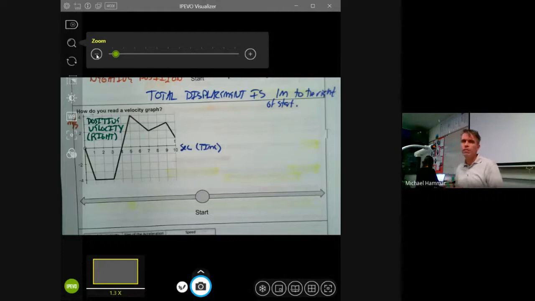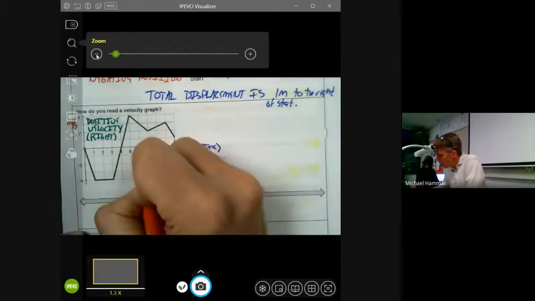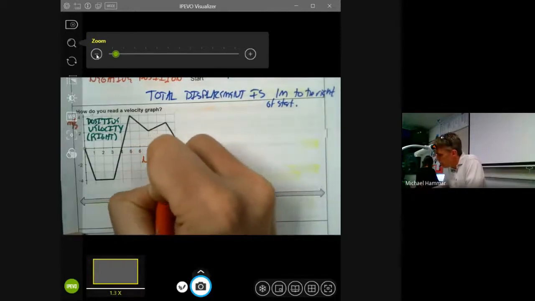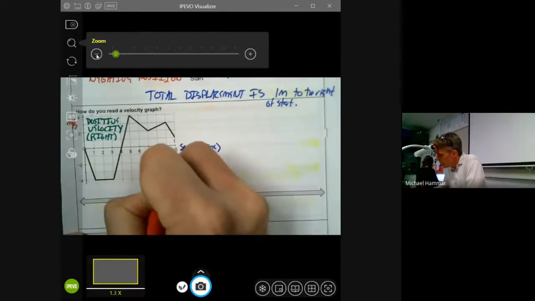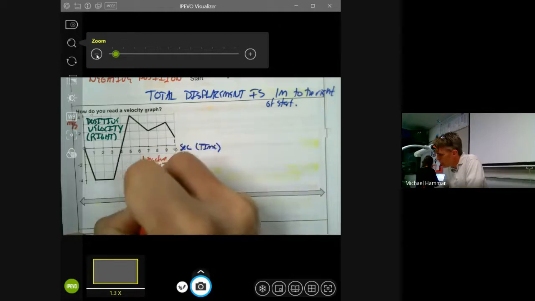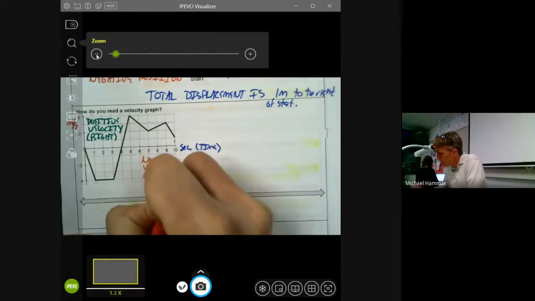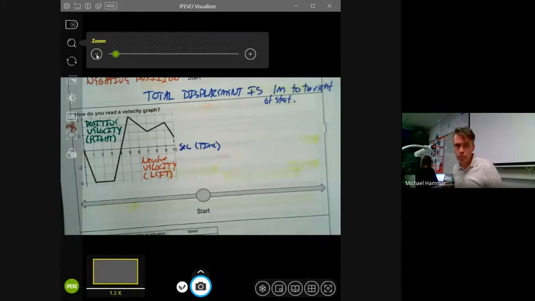Okay, so positive velocities are always moving in a direction towards the right. Now, the negative velocities, let me put that down here. If we have a negative velocity, it also has a direction to it, and that means we're going to move to the left on this line.